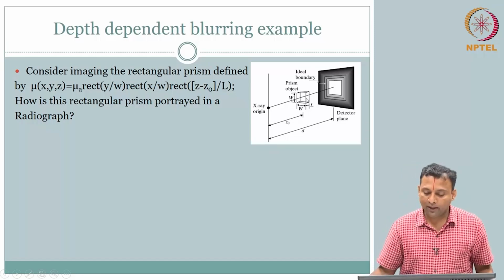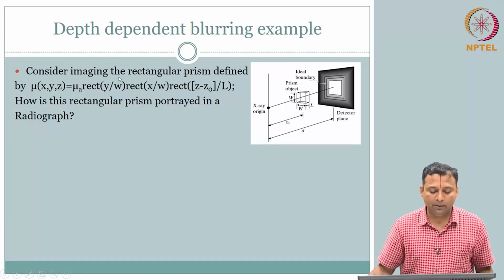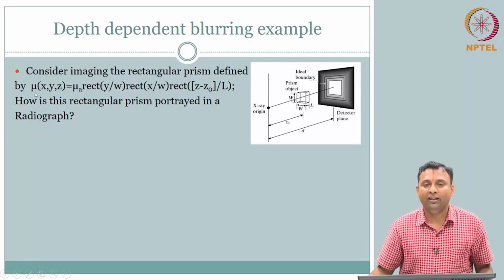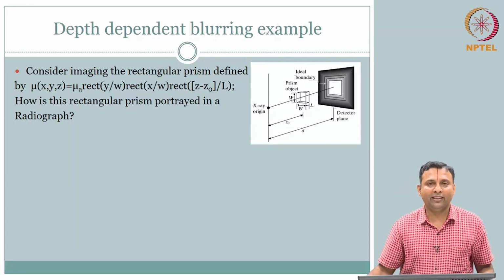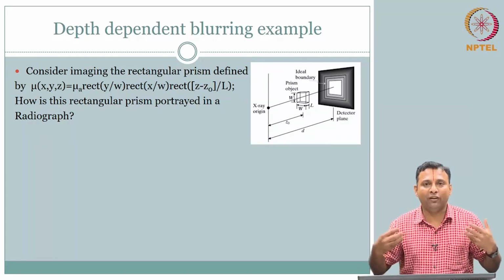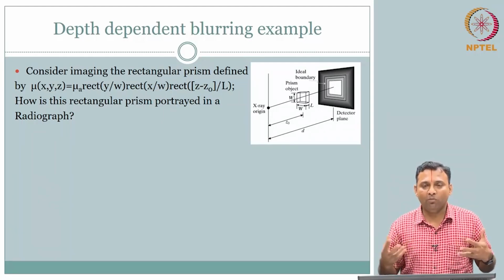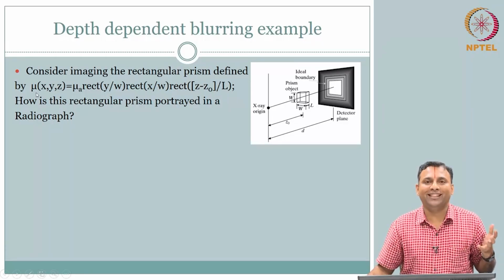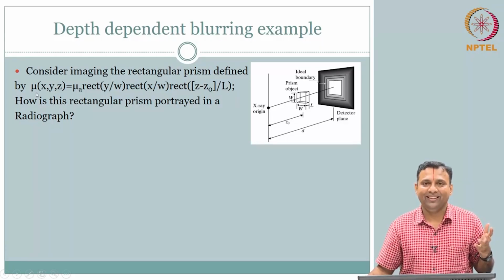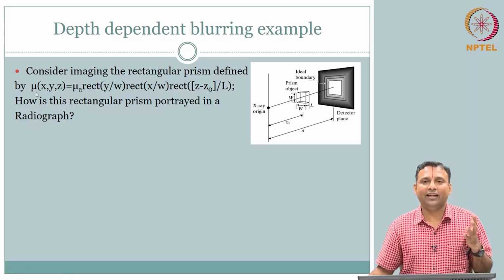The way we can look at it is, consider imaging a rectangular prism; this is my object. Remember silently what I have incorporated here. When I talk about the object, the underlying f of x comma y, I am talking specifically about the object being a distribution of your attenuation coefficient to X-ray, because we are dealing with X-ray imaging.